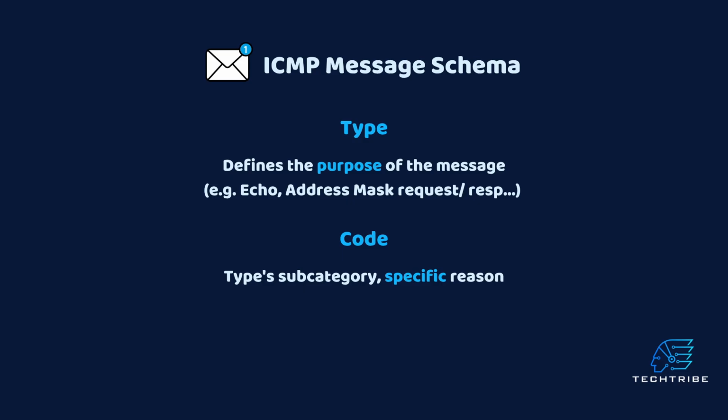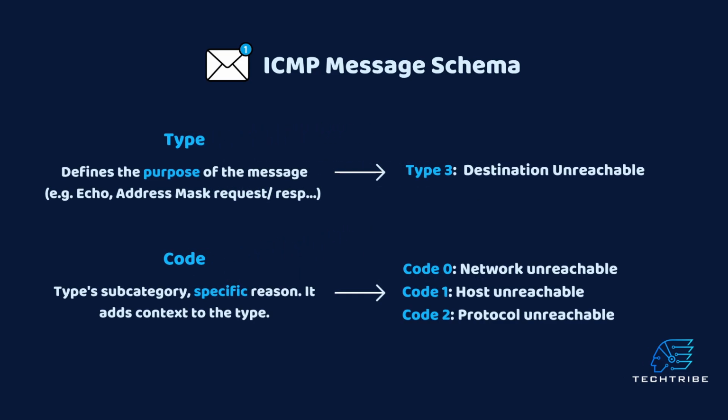It adds context to the type. For example, type 3 is used for destination unreachable, with code 0 for network unreachable, code 1 for host unreachable, and code 2 for protocol unreachable, and so on.